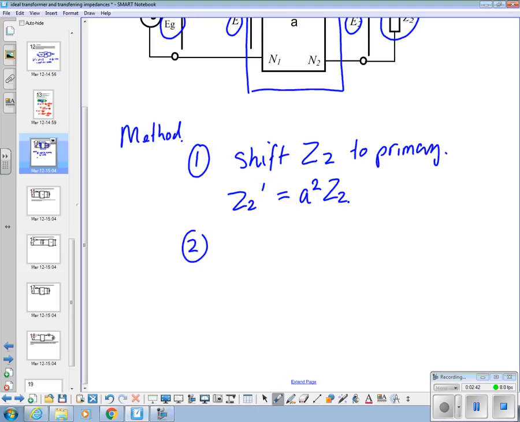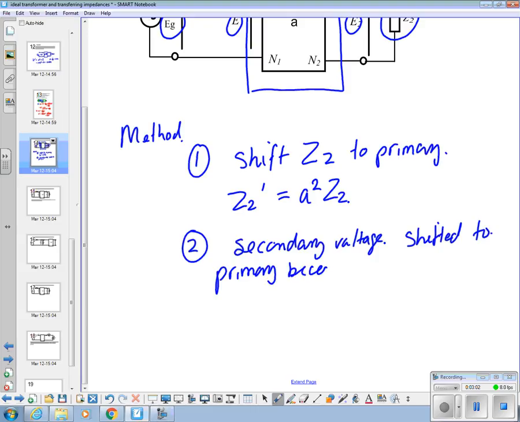Secondly, secondary voltage shifted to primary becomes E2 dash, which is equal to A times E2.